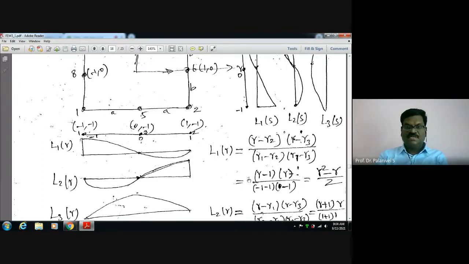That is why I am writing the shape functions for the line element for node 1, node 2, node 3 as L1R, L2R, L3R. Straight away I am writing the Lagrangian polynomials, which are nothing but the shape function for this one-dimensional line element representing the R and S direction. Likewise we have written, its variation also shown, right?